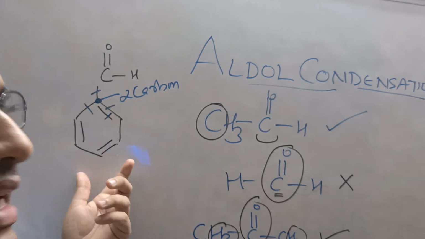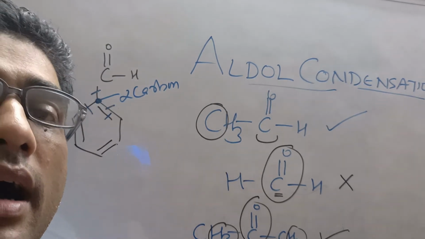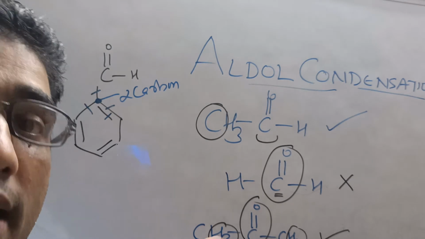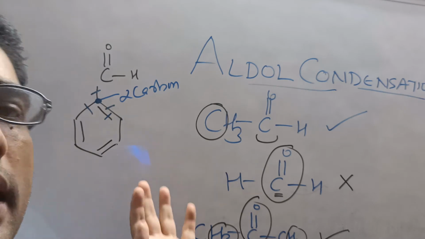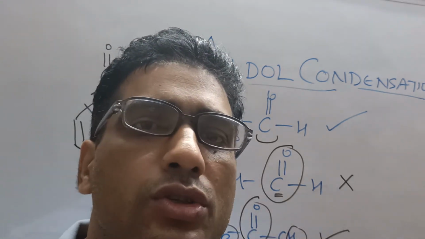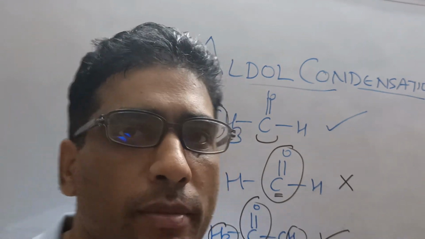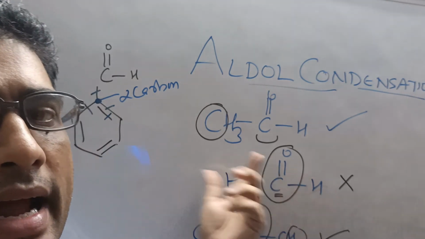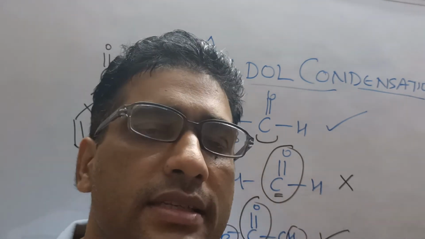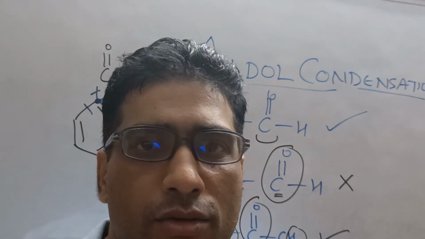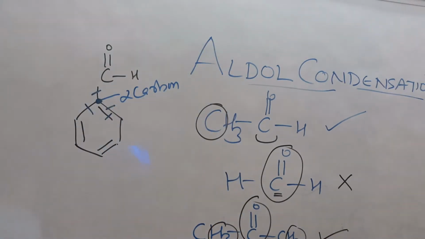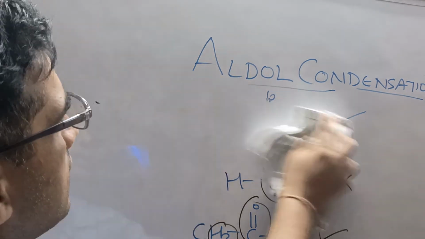Therefore, benzaldehyde does not have alpha hydrogen. It has alpha carbon but it does not have alpha hydrogen. Therefore, benzaldehyde will also not show aldol condensation. So remember, in case of formaldehyde and benzaldehyde, both of these will not show aldol condensation because of lack of alpha hydrogen.